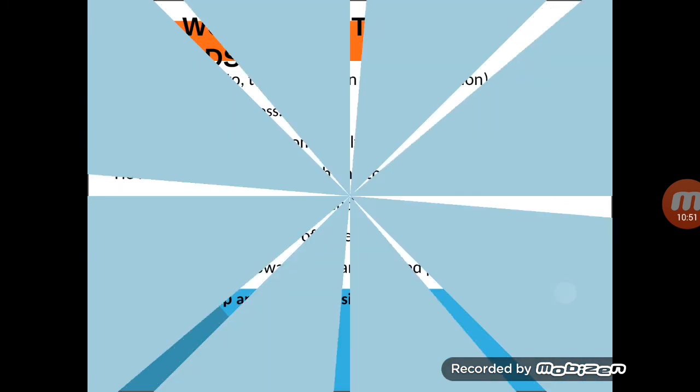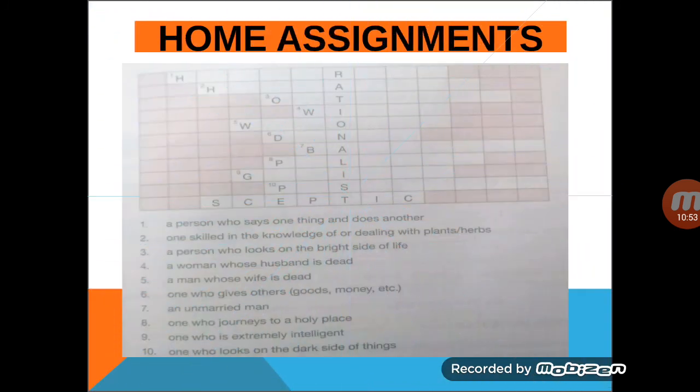A hint is given for each crossword. For example, H is given, then 4 blanks you can see, then R is given, then 3 blanks are in front of you.